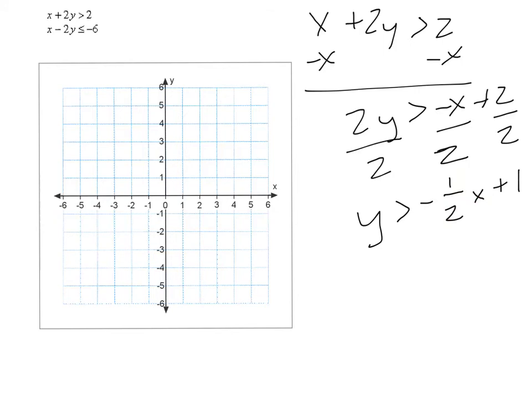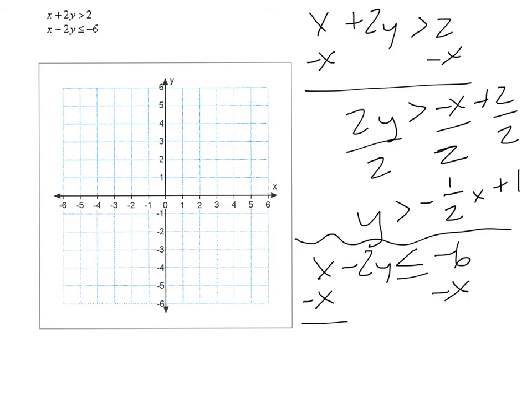Alright, now let's do the other equation. So we'll go x minus 2y is less than or equal to negative 6. Since I have a negative coefficient to y, I know I'm going to have to flip the sign eventually here, so just keep that in mind. So let's subtract x on both sides. We get negative 2y is less than or equal to negative x minus 6.